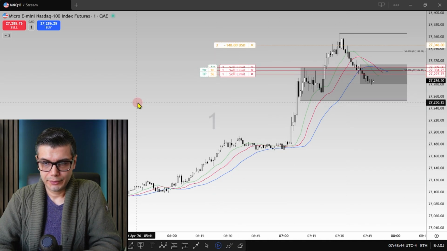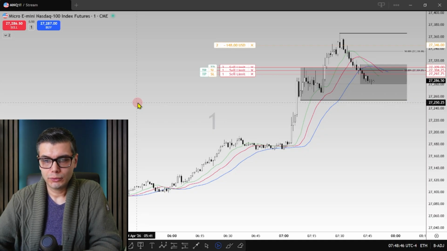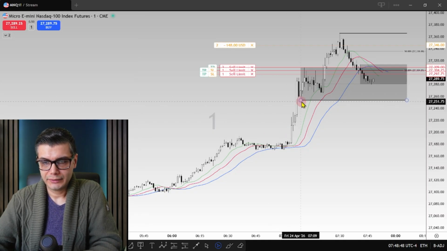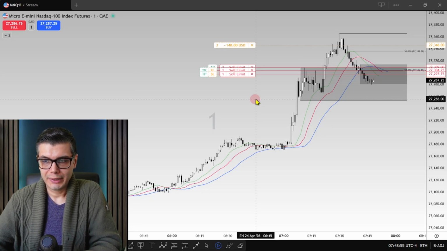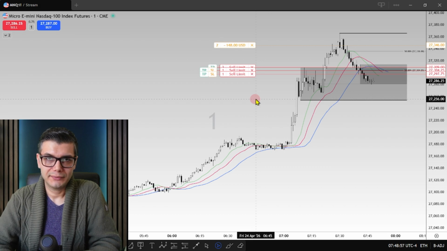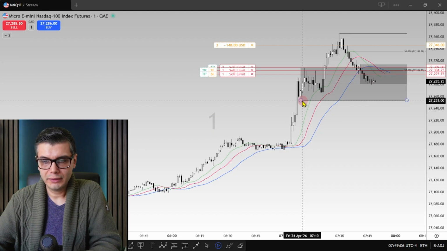In this scenario, because I do like to close partially at this low, that's why I added a few more orders to close them partially at 27,256. This will provide a more flexible approach to this trade, because we do have one liquidity feed below this level.